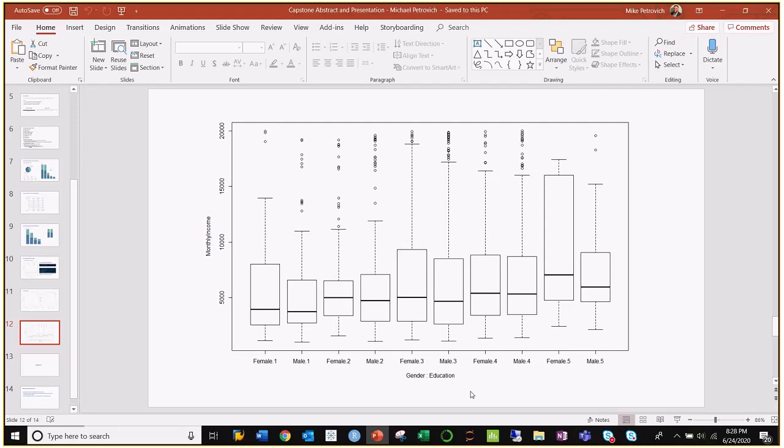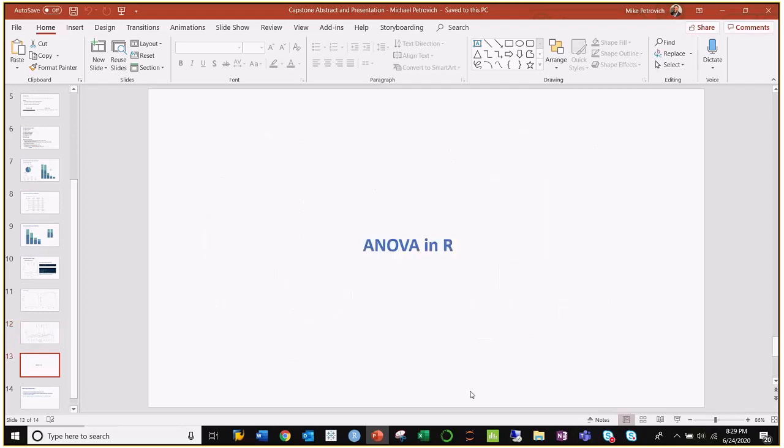Okay, so that rather large spread relative to males is most likely going to have an impact, and why we saw that somewhat steep slope there in our interaction plot. So with that said, we're going to move on to ANOVA.